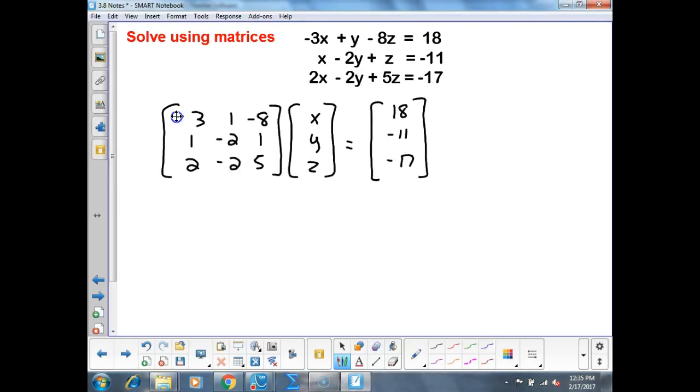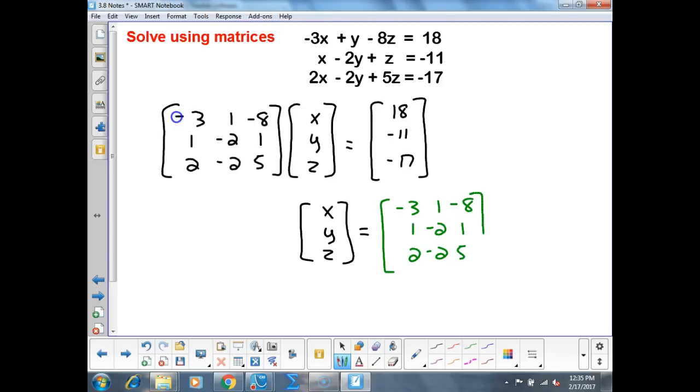So then XYZ is going to equal 3, 1, -8, 1, -2, 1, 2, -2, 5, and we're going to take that to the -1 power times 18, -11, -17.